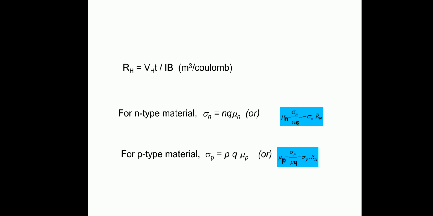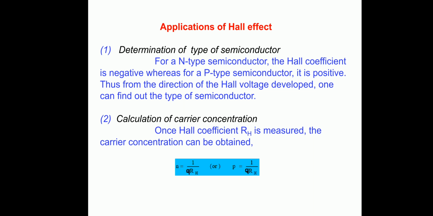That means mobility mu_n is equal to minus sigma_n into R_H. Similarly, for P-type materials, sigma_p is p q mu_p, or we can write mu_p as sigma_p by p q, where 1 by p q is R_H. So we can say that mu_p is related to the Hall coefficient in such a way that mu_p equals sigma_p R_H. And next we can see what are the applications of this Hall effect.